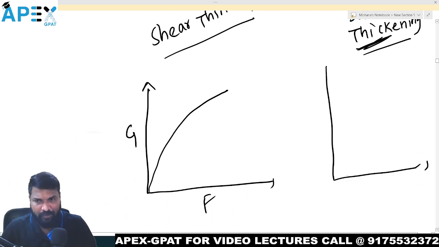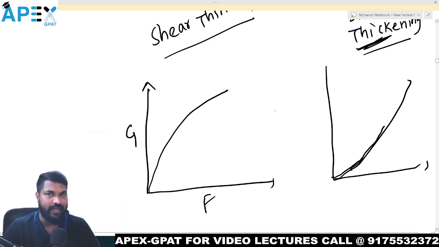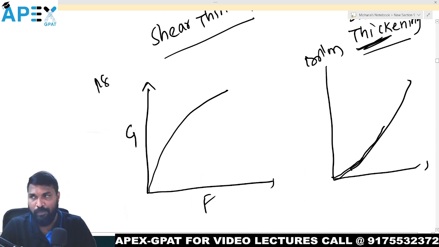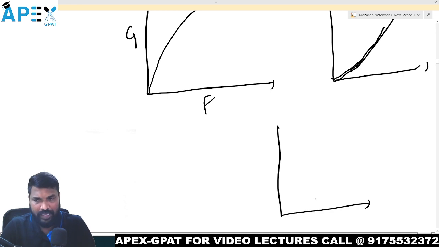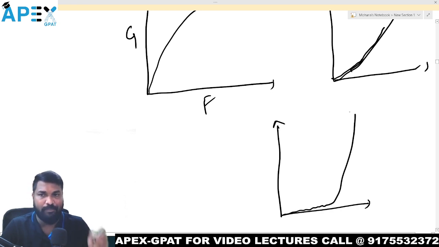Like this, the opposite way. This is the graph of the dilatant flow, and this is the graph of the pseudoplastic system. And what is the plastic system graph? This is the plastic system graph. The graphs are very clear; the two are opposite.